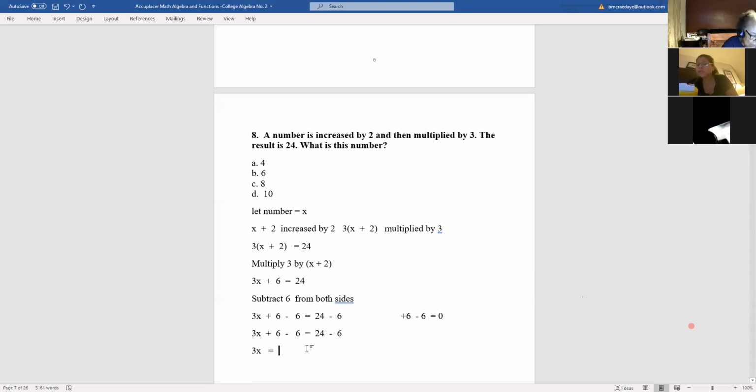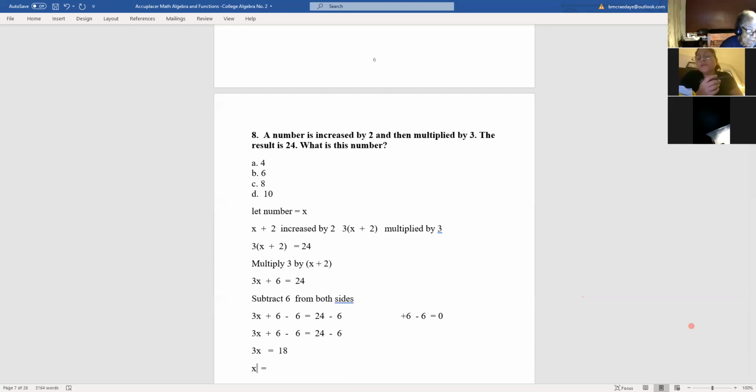18. Very good. Now, at this point, you can tell me what number times 3 gives 18. What must x be equal to? What number do I multiply by 3 and get 18? 6.